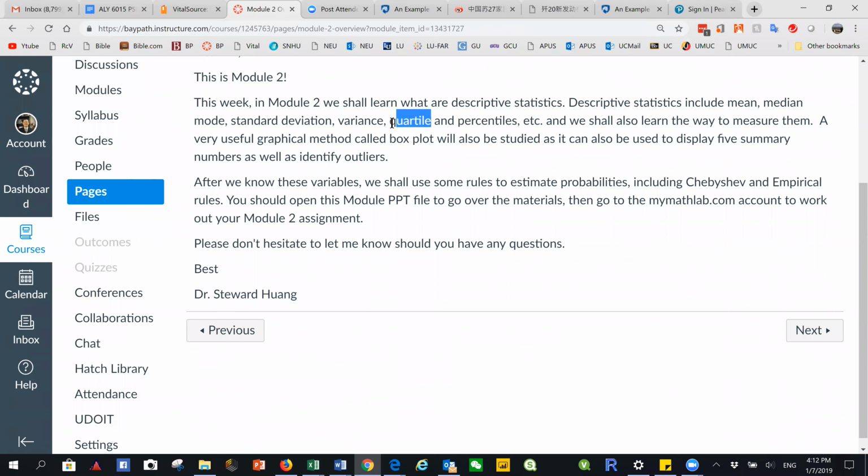Quartiles and percentiles are also relative positions to describe the data. Quartiles are the 25th, 50th, and 75th percentiles. Think of $1. $1 has 100 cents, so a quarter is 25 cents. One cent is similar to a percentile, and a quarter is like the first quartile.